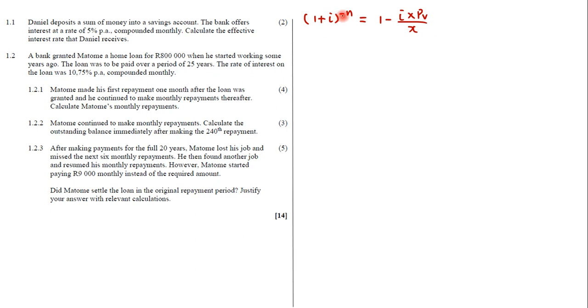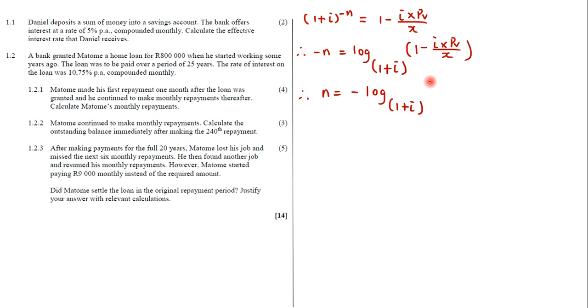Now I need to find the power, so I have an exponent, therefore minus n, which is what I need to find, is going to be log with base 1 plus i, of 1 minus i times PV over x. If I divide by negative, n will be negative log base 1 plus i of 1 minus i times PV over x.